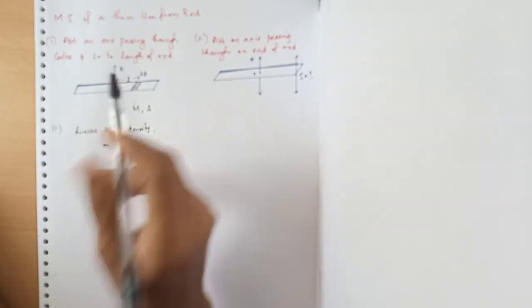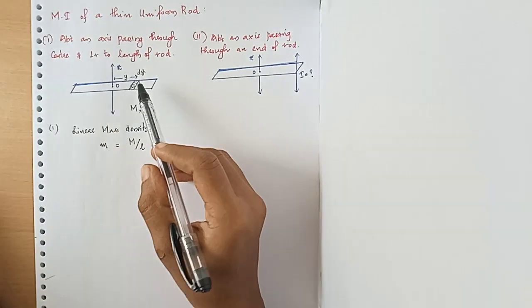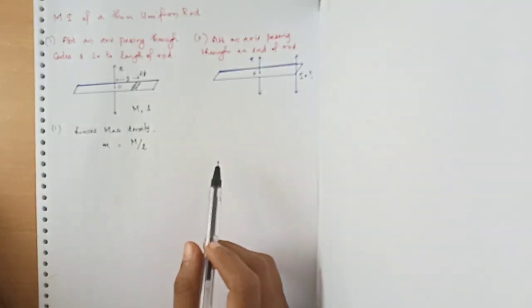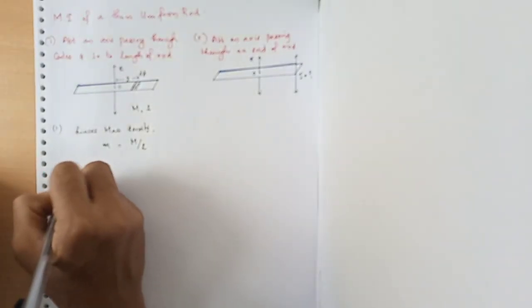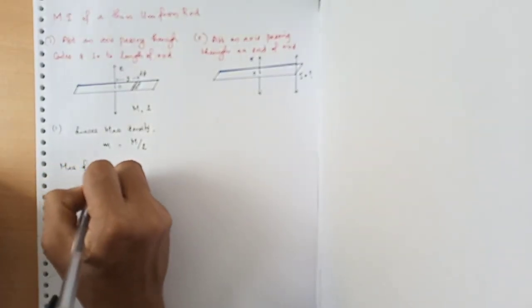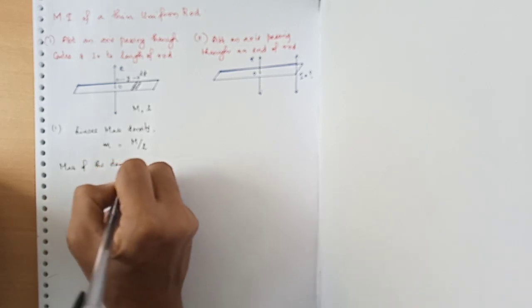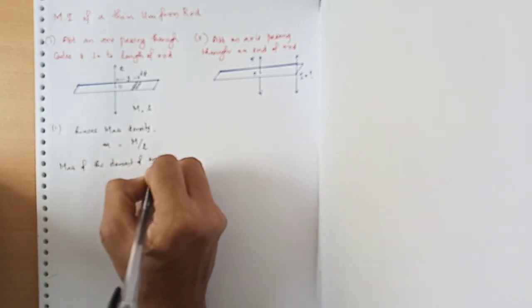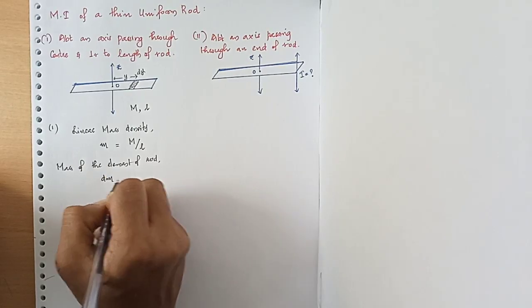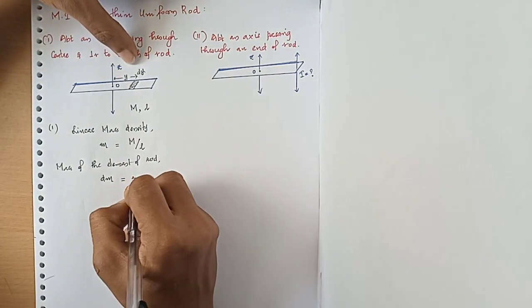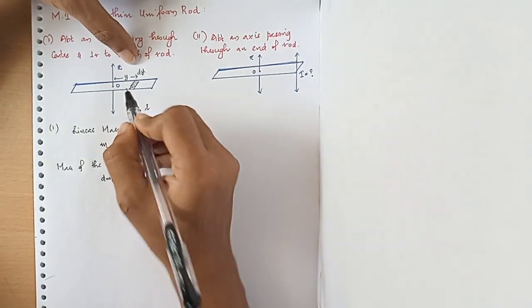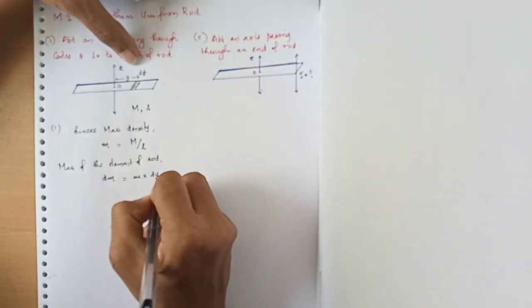So to find the moment of inertia of this mass element, we have to first find the mass of the mass element. So the mass of the element of rod, which we will represent as dm, is equal to the mass per unit length small m into the length of the element, which is dy.